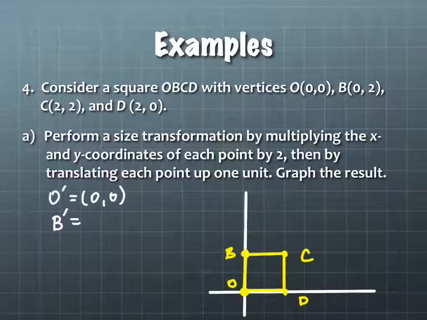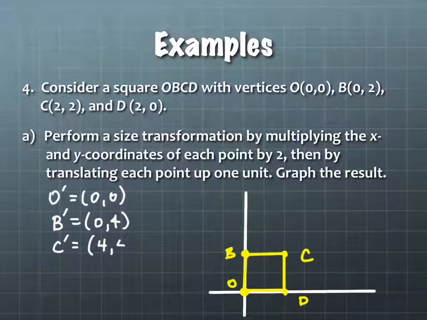B is originally 0, 2. And if I multiply each of those coordinates by 2, what do I get? 0, 4, you bet. C was 2, 2, and if I multiply each of those coordinates, C prime becomes 4, 4. And D was originally 2, 0. Multiplying each of those coordinates by 2, I get 4, 0.